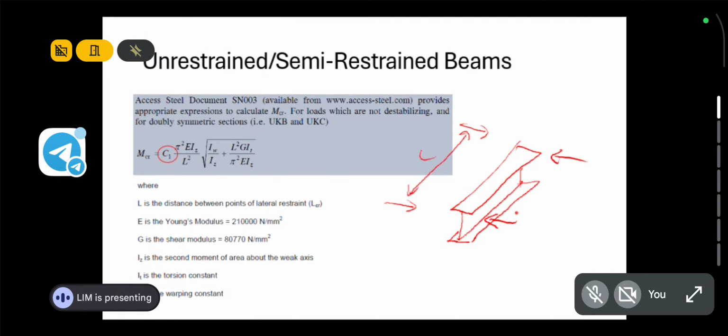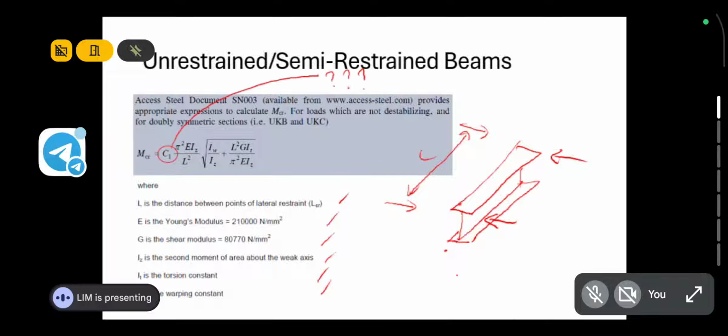It's basically the length between the restraints. That is L. So L, you know, E is given, G is given, IZ, IT, and IW you get from the table. Everything you know in this formula except one. I highlighted it as well. C1.